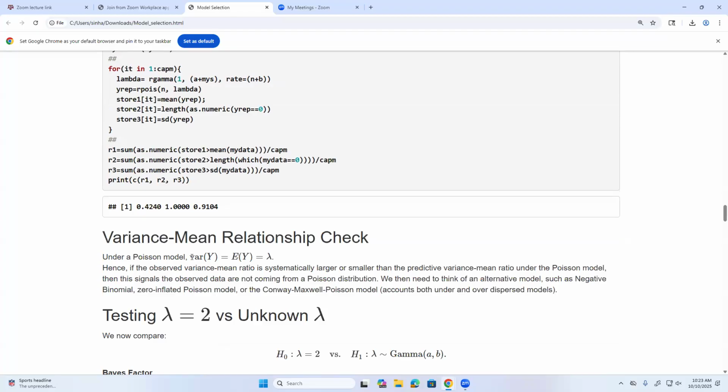So one thing to check is we can calculate the ratio of these two things, observed mean and observed variance, and see whether that ratio is too large or too small with respect to a predictive distribution.